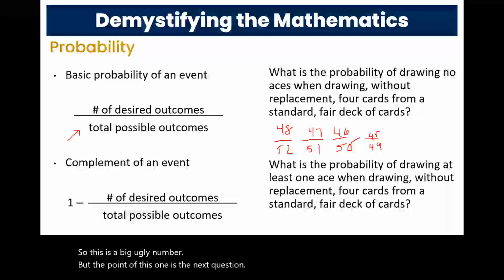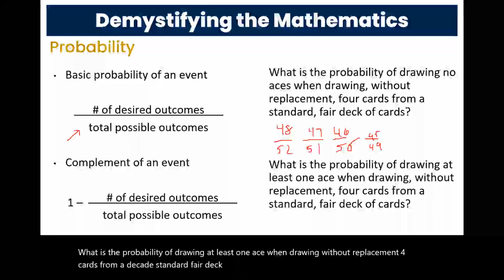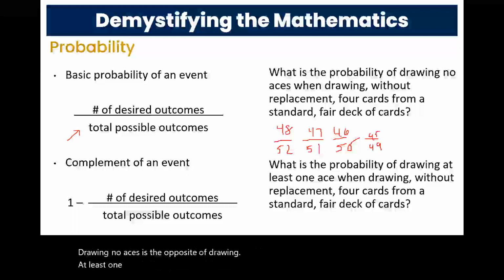What is the probability of drawing at least 1 ace when drawing without replacement 4 cards from a standard fair deck of cards? Drawing no aces is the opposite of drawing at least 1 ace, is it not?